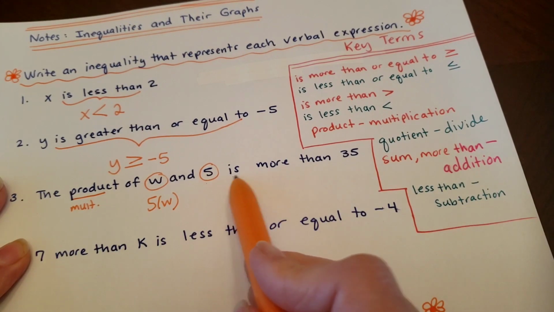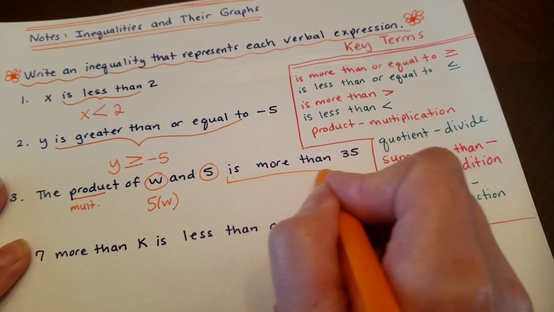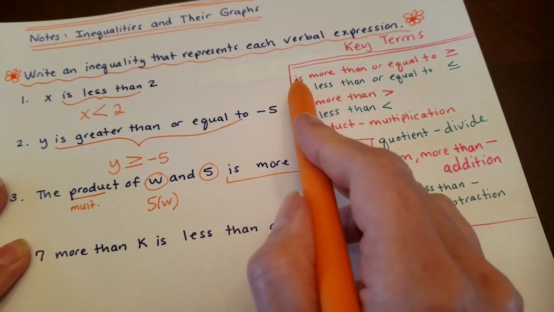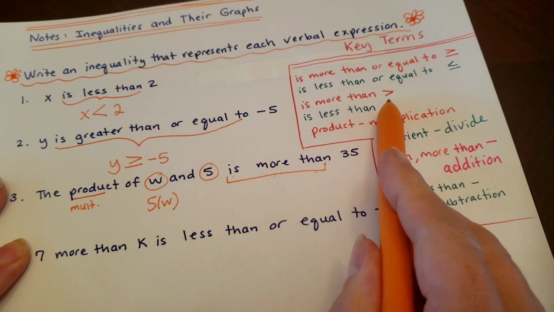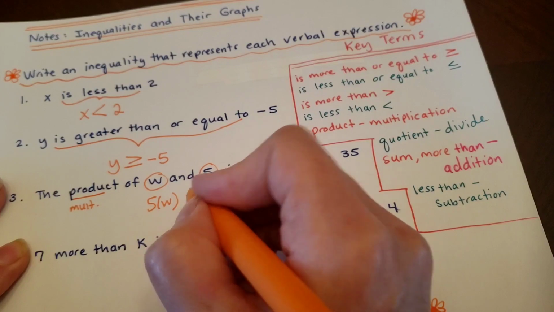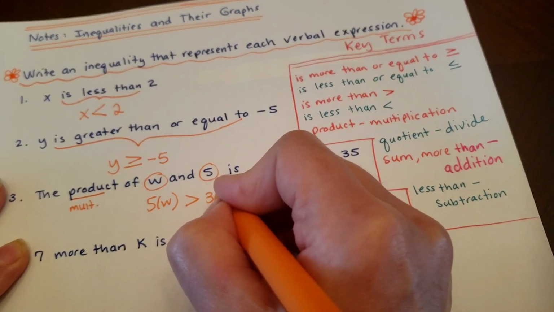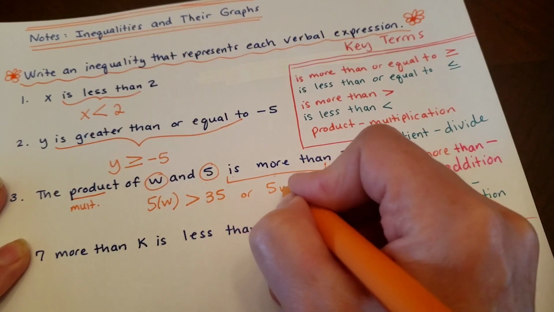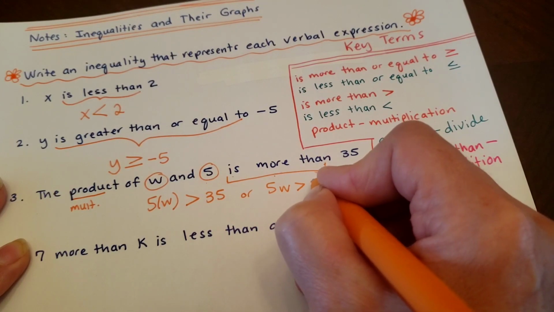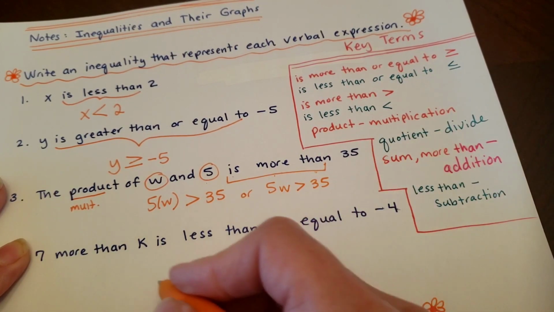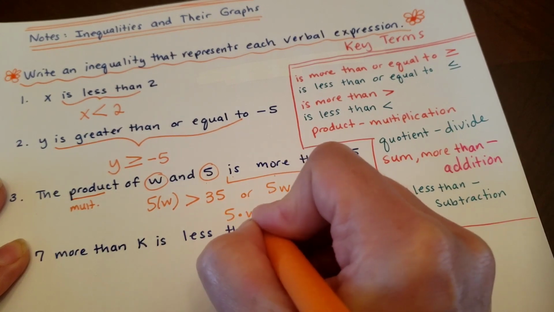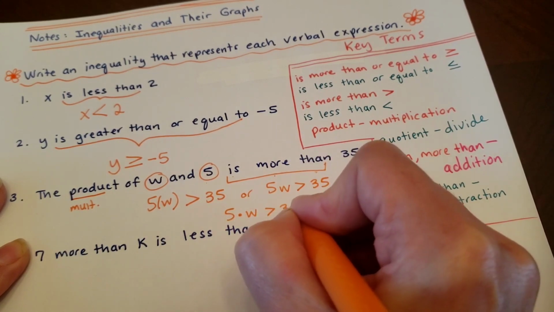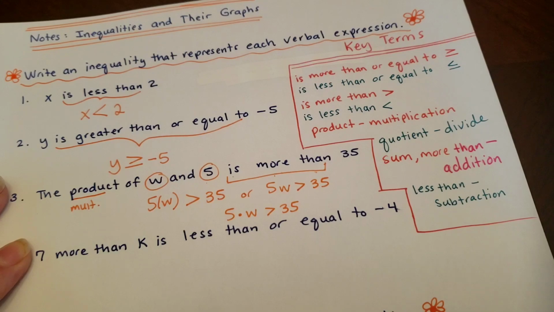And then it says "is more than," so again, using our decoding, "is more than," there it is, greater than, and then the number 35. And you don't need to solve it. You could have also written it without the parentheses. You could have also written it with a dot. So either one of those three would be acceptable.